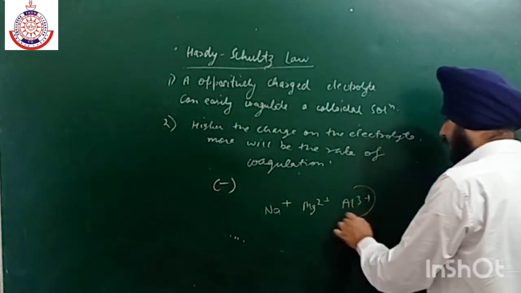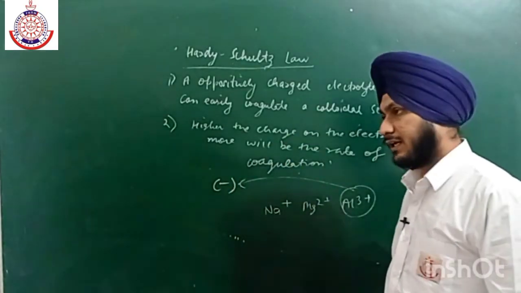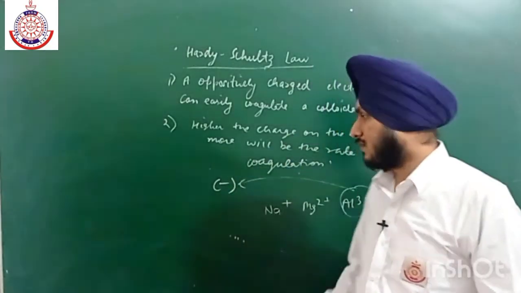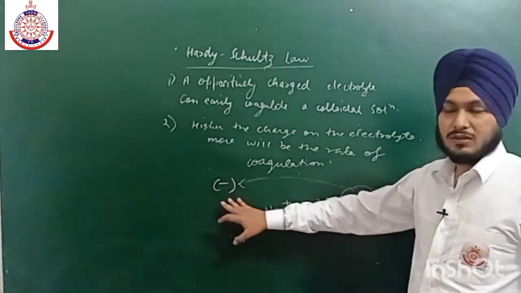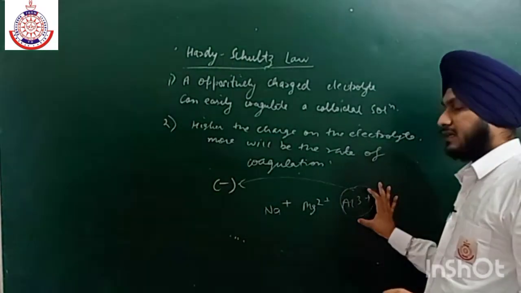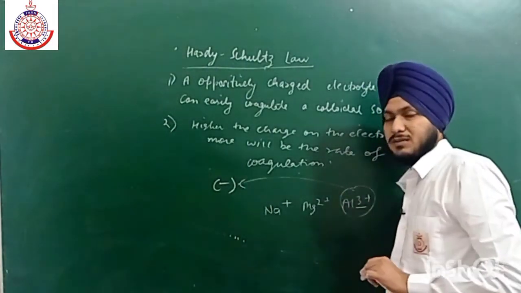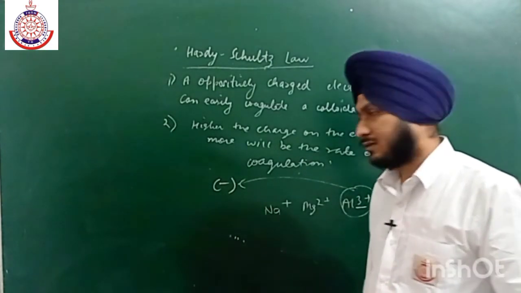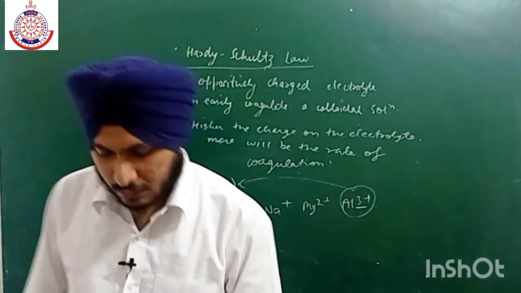So Al3+ will coagulate it more easily. The rate of coagulation of this colloidal solution is more when we are using an electrolyte containing Al3+, because its positive charge is high. Okay, so this is the second point. So this is all about the coagulation.